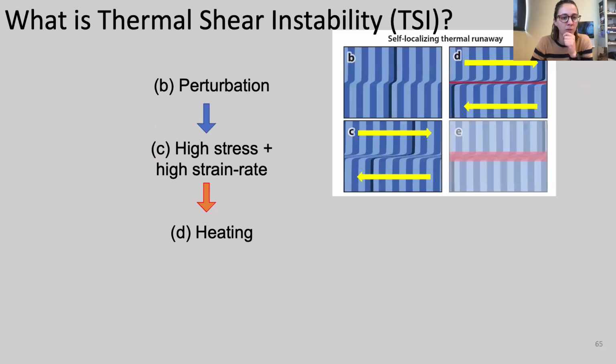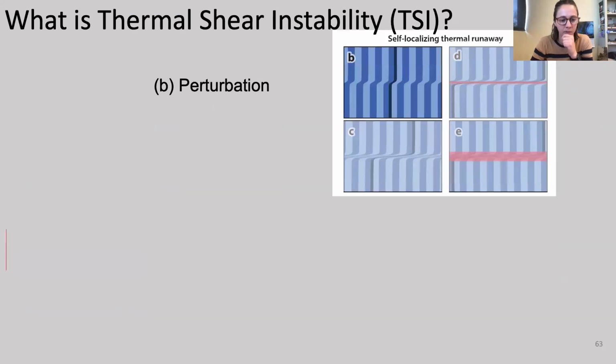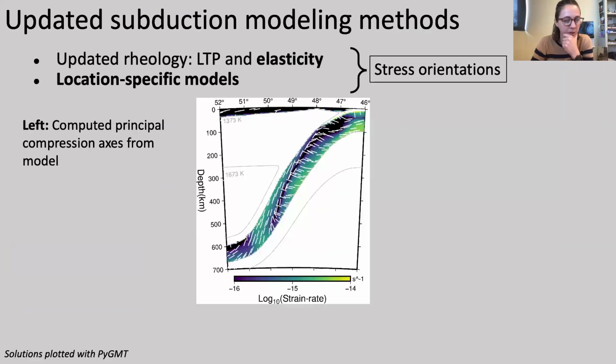So the general comparison, let me see if I can scroll over, is that we are reproducing things generally known from observations, such as down dip compression throughout the slab, and changes in the stress orientation as the slab is bending and unbending. So we're reproducing some of those general features.